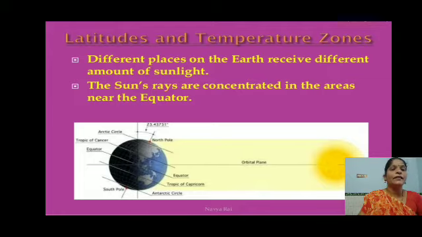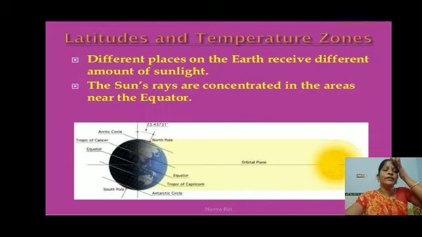Listen, latitudes and temperature zones. Different places on the earth receive different amounts of sunlight. The sun's rays are concentrated in the areas near the equator. Different places on the earth receive different amounts of sunlight because our earth's axis is tilted.